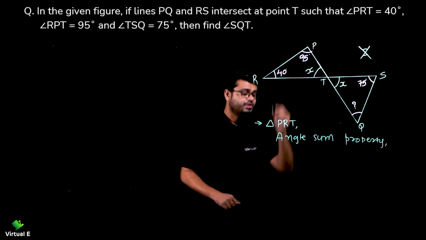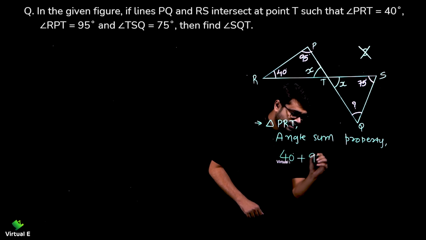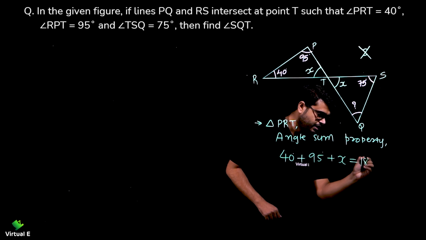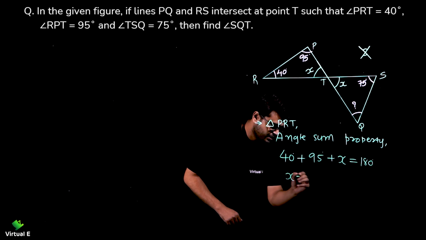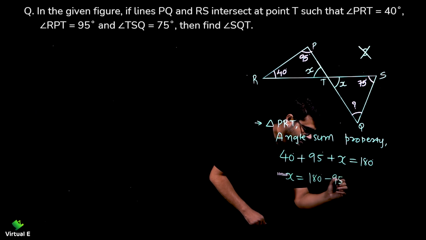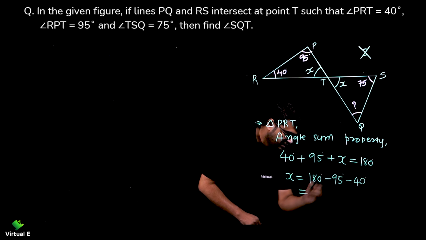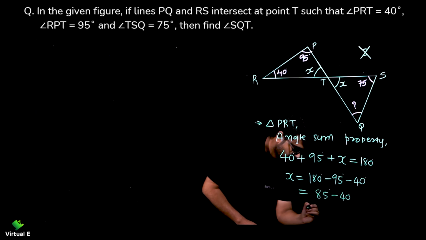So what we can write? 40 degrees plus 95 degrees plus x is equal to 180 degrees. So let's shift them that side. So x is equal to 180 degrees minus 95 degrees minus 40 degrees. If we subtract this, we are going to get 85 degrees minus 40 degrees. So here x is 45 degrees.